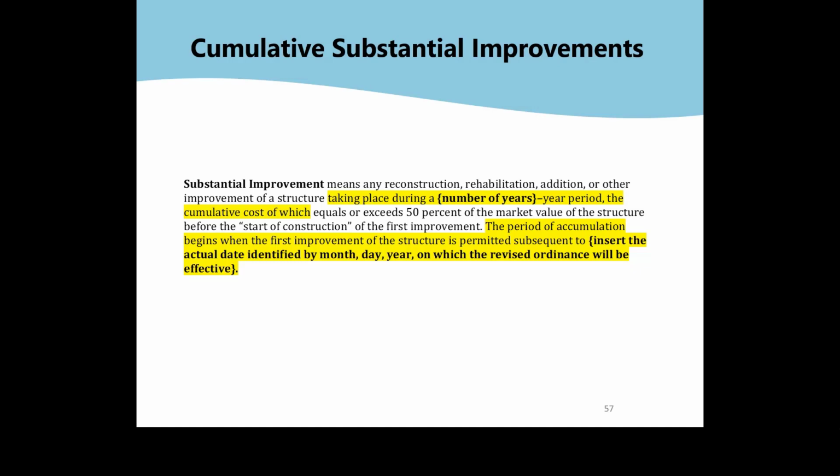As I said before, it could be 3 years, it could be 10 years, whatever your community feels comfortable with. And then at the end of the definition, you'd also want to include the date that this revision would be effective.